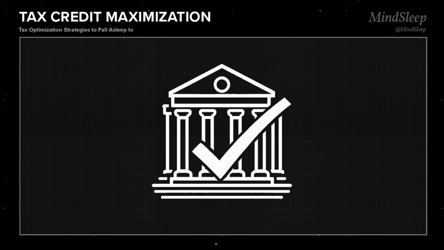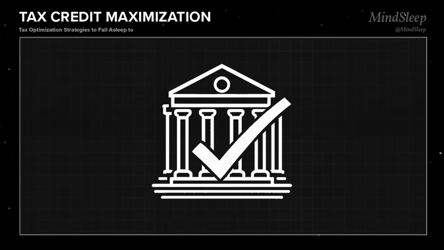However, the true art of tax credit maximization lies not just in identifying available credits, but in strategically planning to qualify for and optimize them. This requires a deep understanding of the qualification criteria, timing considerations, and potential limitations for each credit.